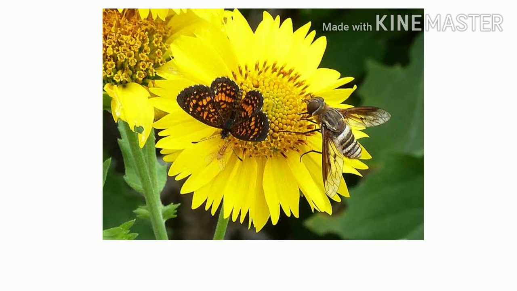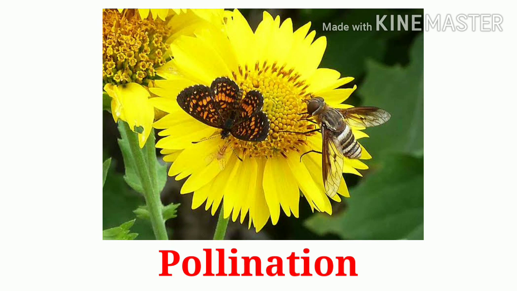This is a picture that we can see in every flower during its flowering time. This is a process which every flower undergoes for the purpose of pollination. So today we are going to discuss pollination.